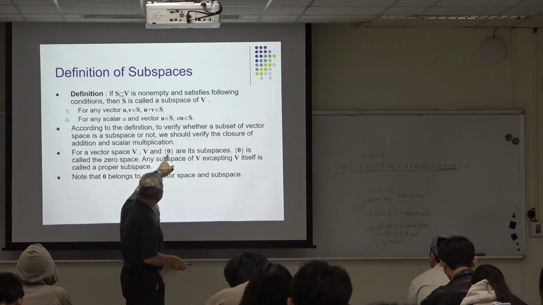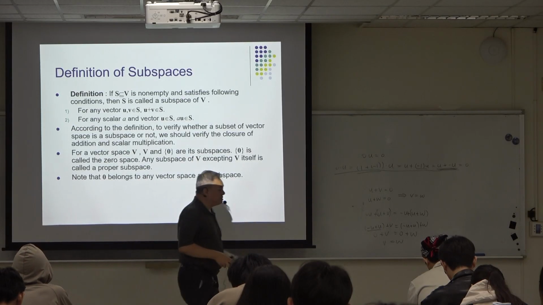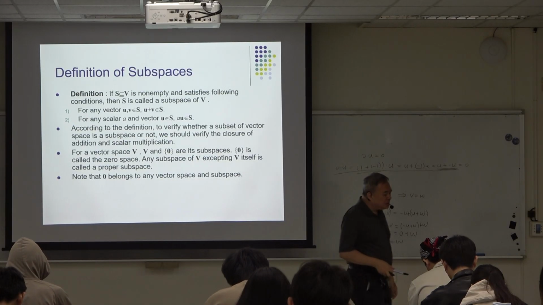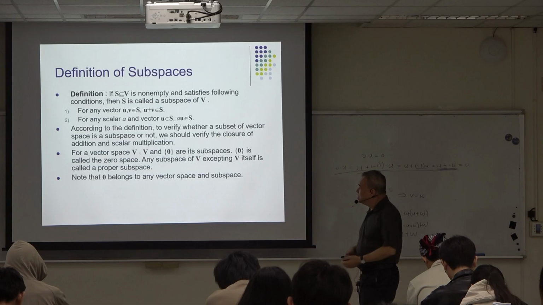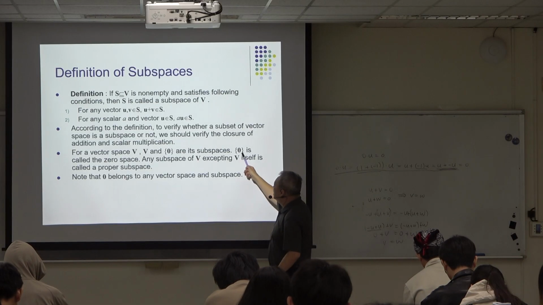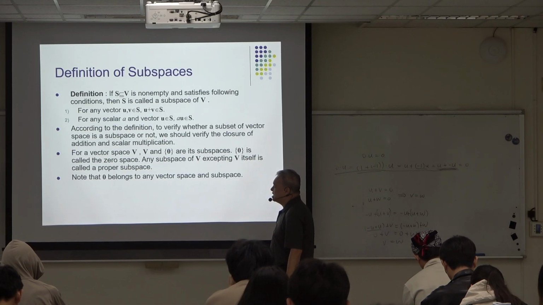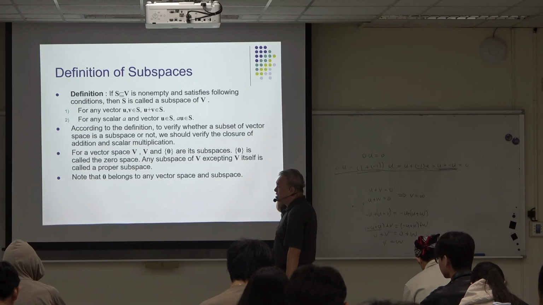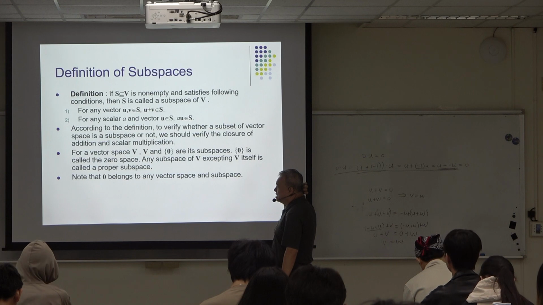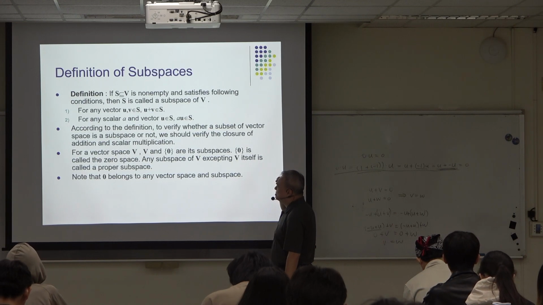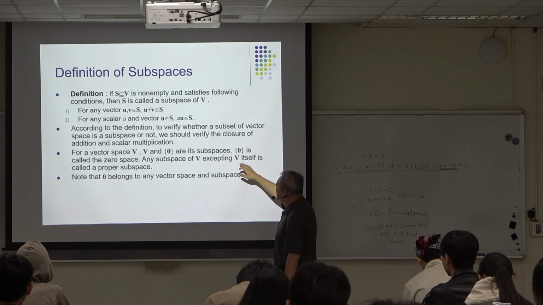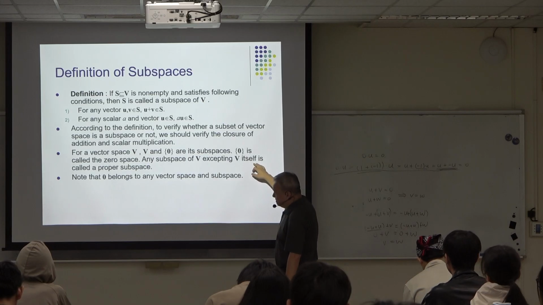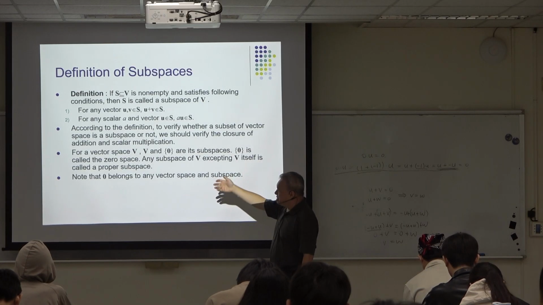These two are its subspaces. So this set that contains only the zero vector is called the zero space. And any subspace of V except V itself is called a proper subspace.